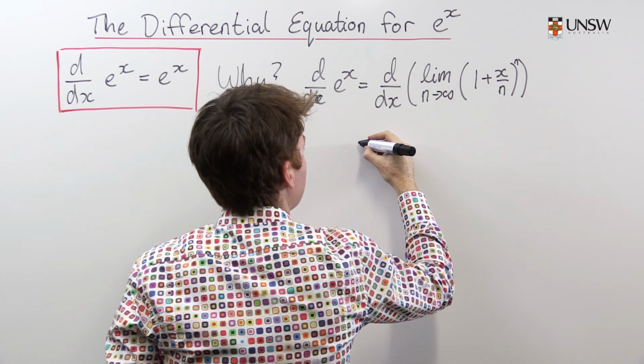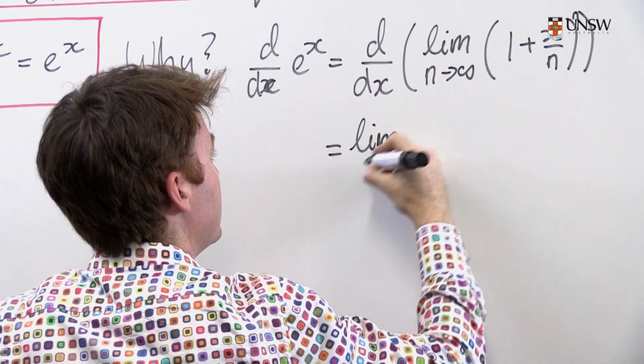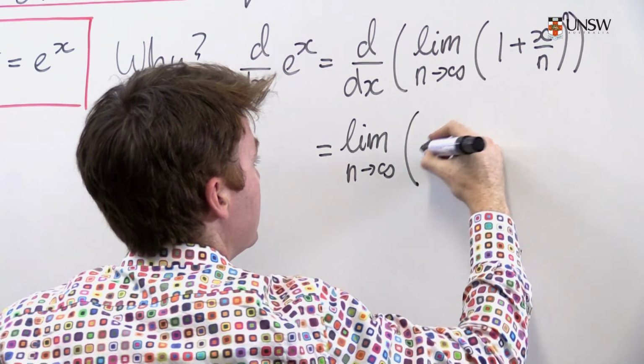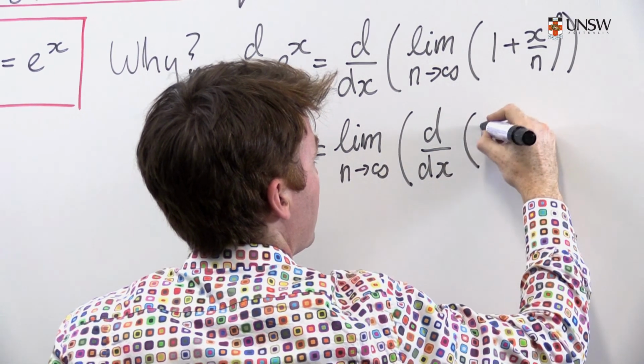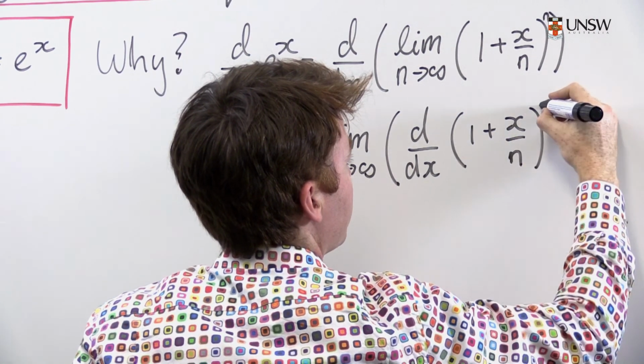Which is equal to the limit as n approaches infinity of d dx of (1 plus x on n) to the power n.